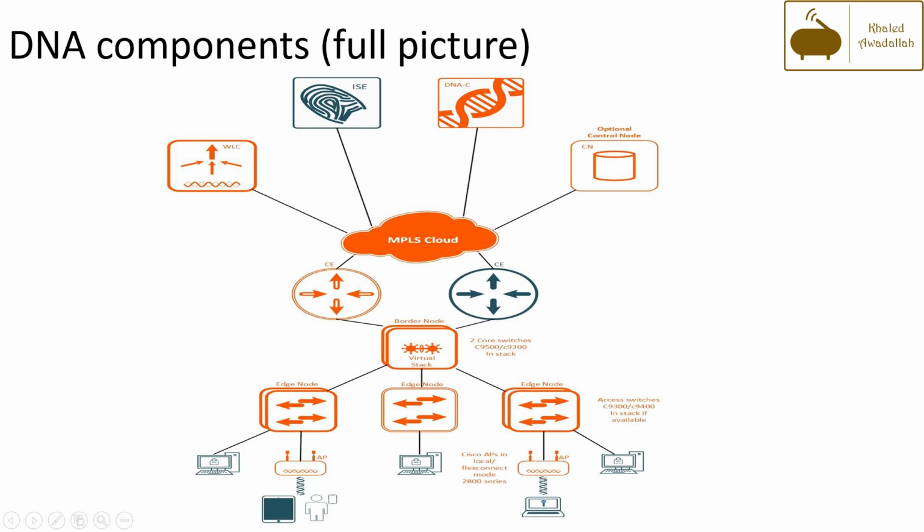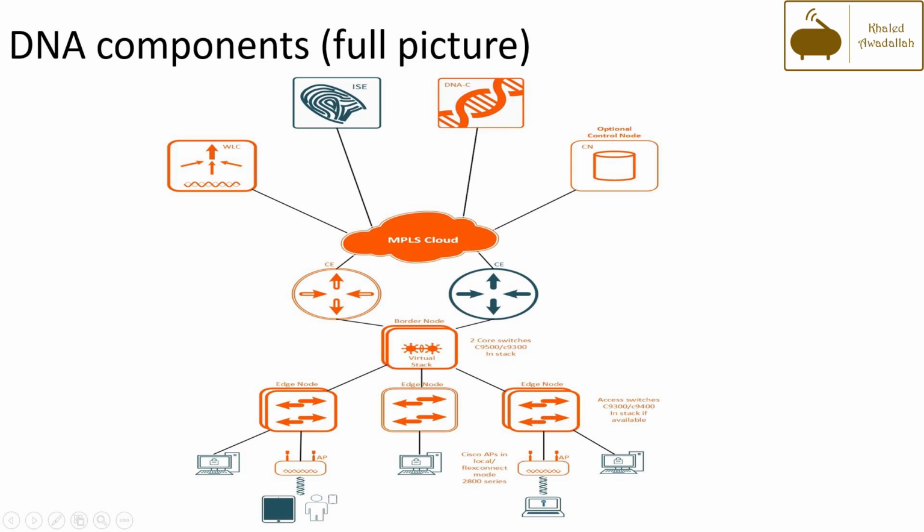You can use an over-the-top solution, which means access points are not participating in the DNA fabric, or a fully integrated DNA wireless solution, which means that access points will encapsulate the traffic into the appropriate VXLAN and forward it to the switch. Then you have your access switches, which Cisco calls edge nodes, and these access switches are aggregated together into a core switch, which Cisco calls the border node.